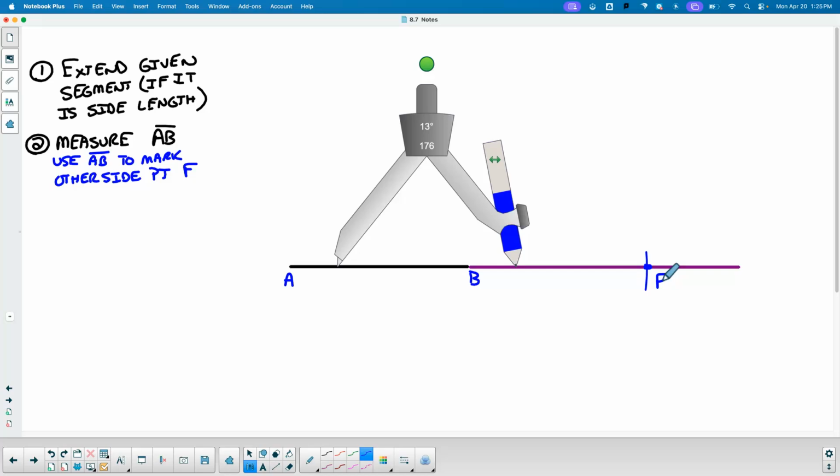We've got to have a right angle. So how can I construct a right angle? Perpendicular bisectors, right? And what do we need in order to have a perpendicular bisector? A midpoint. So we just created the midpoint. So B is now the midpoint.